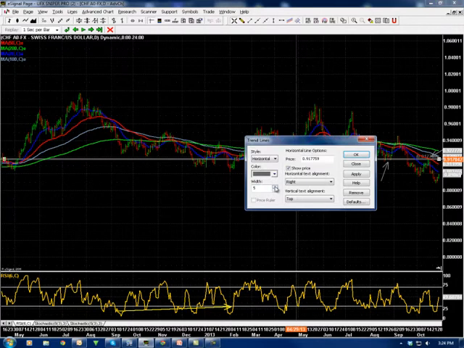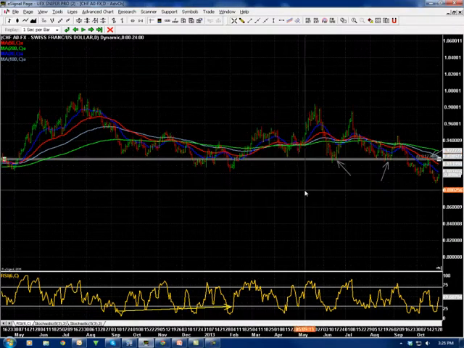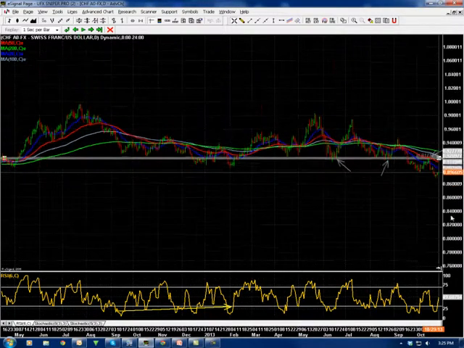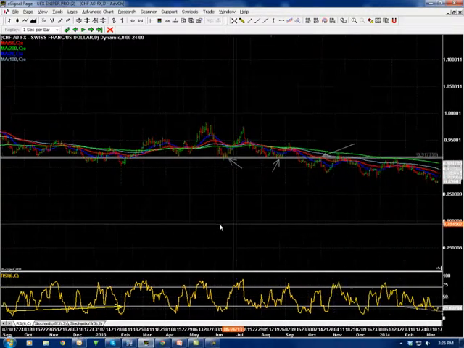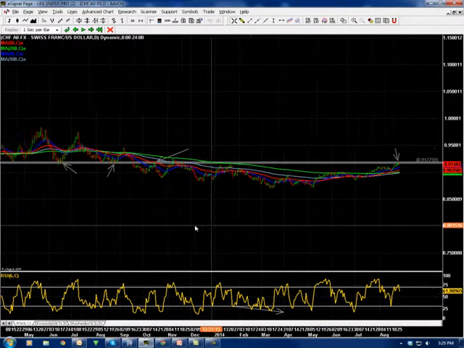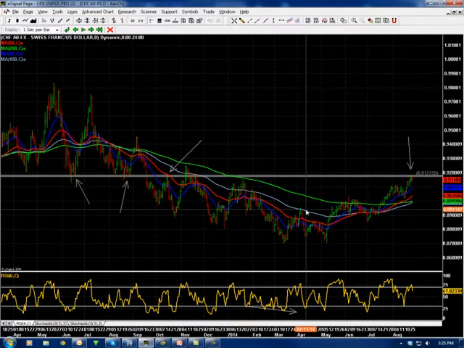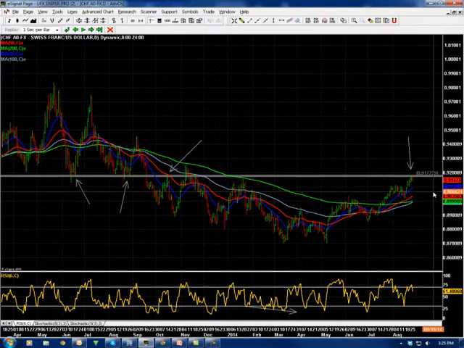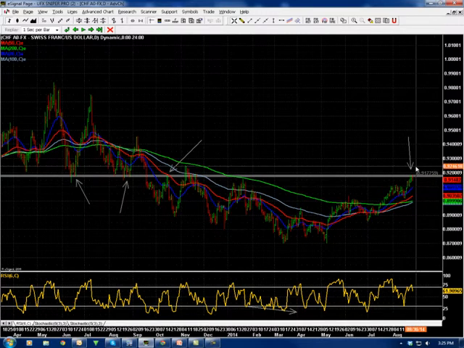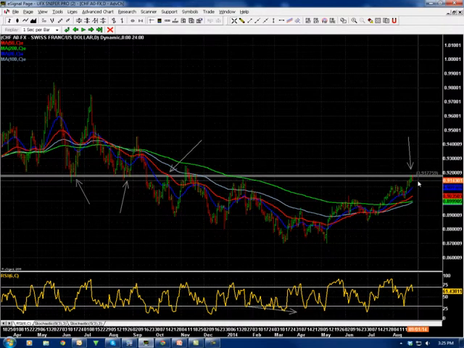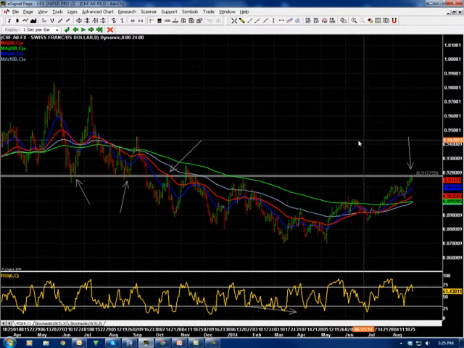Now, if you make it really, really thick, you'll see that there's a bit of a rejection zone happening there. Yeah, that's where we are now. There's a bit of a rejection zone happening here. So that is hitting the level of resistance there.